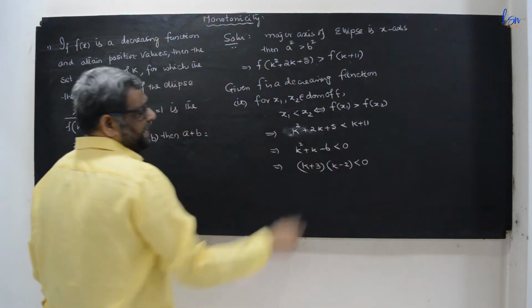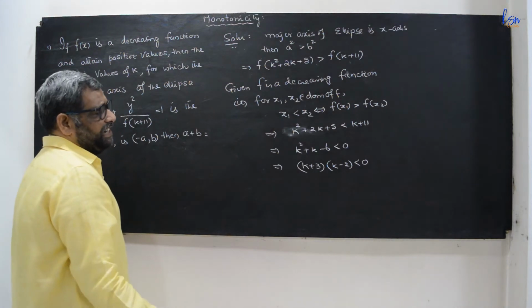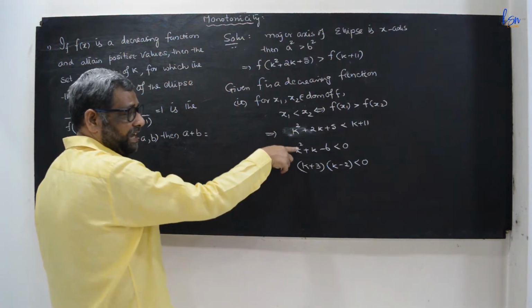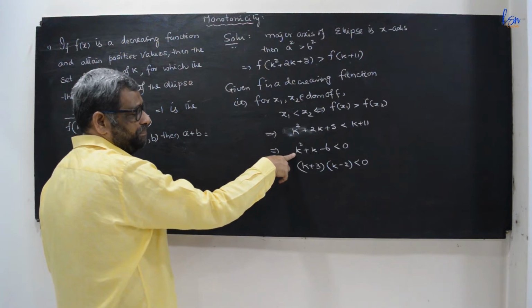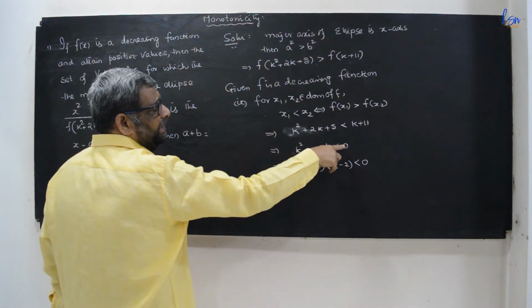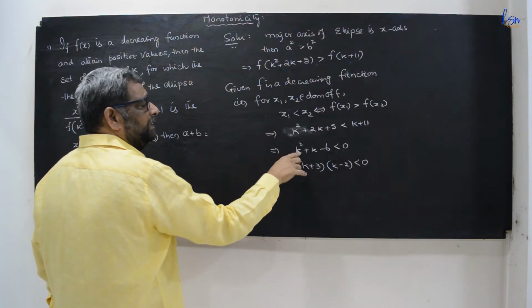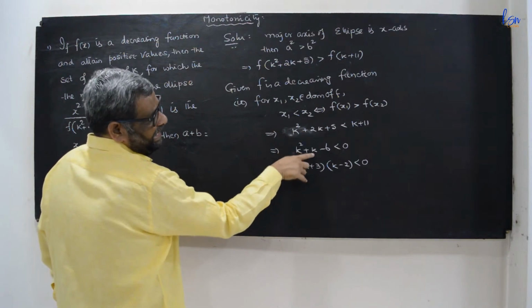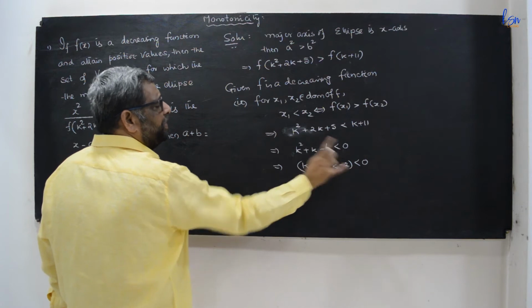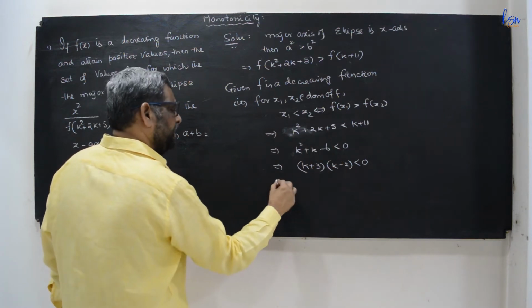You can check the signs on the real number line, or from the quadratic expression: if the coefficient of x² and the expression have opposite signs, then k lies between the roots, if the roots are real and distinct.